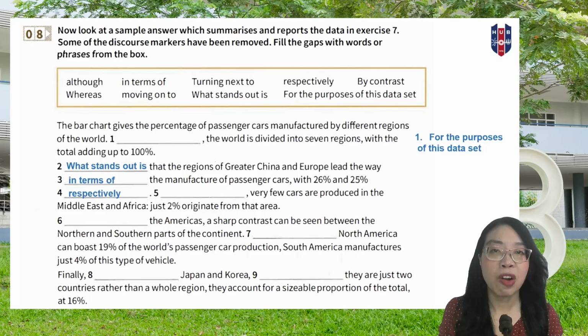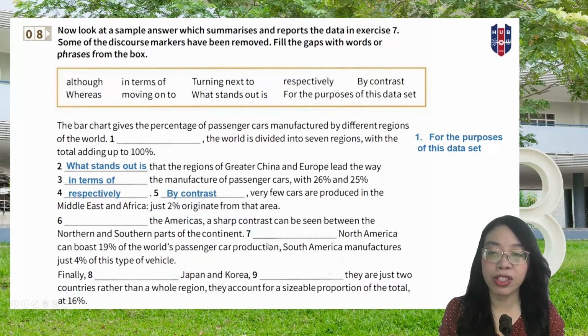Again, this is a very useful discourse marker that you can use in a data report. Sometimes you can combine the two data here together and you say "respectively." That means in the same order. So you know that 26% here is for China and 25% here is for Europe.